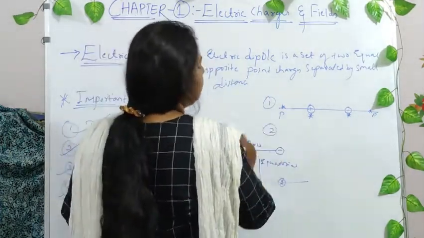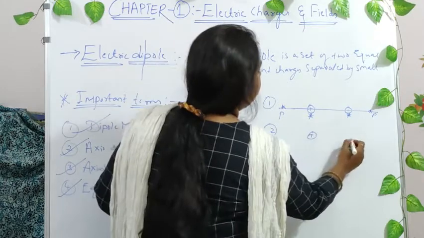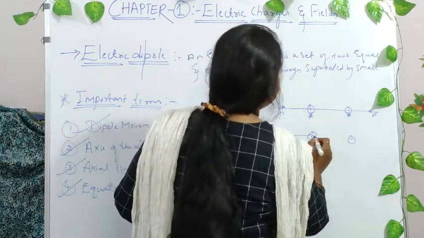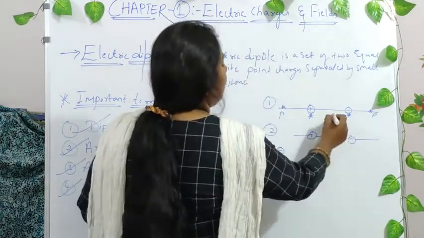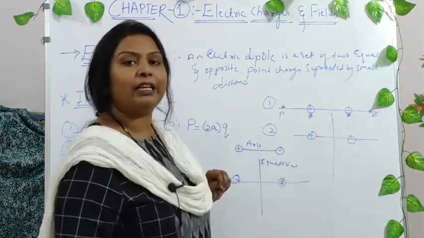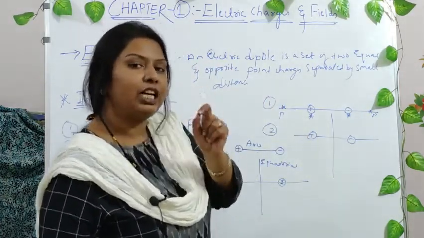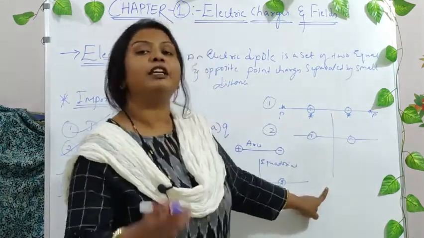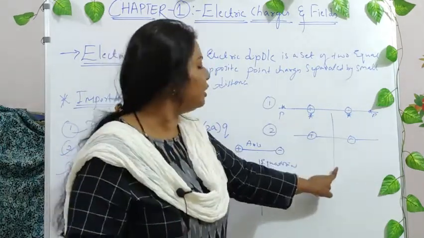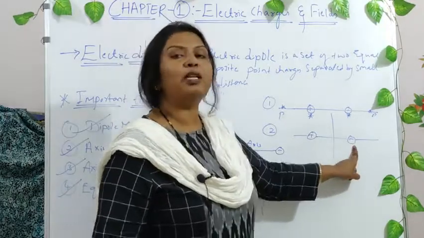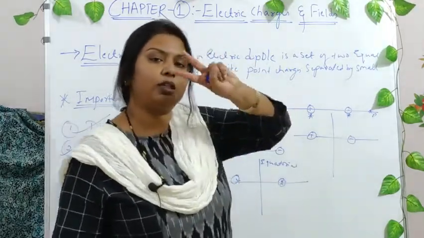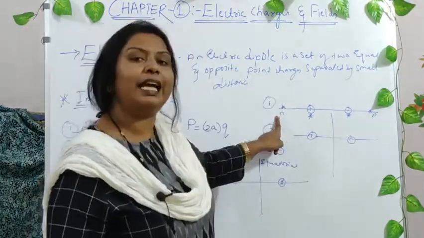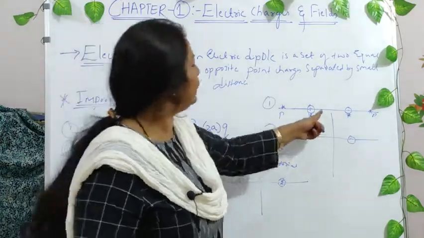The second condition: this is positive, this is negative, you have an axial line here, and you have another line called the equatorial line. If the point is present on this equatorial line, then the electric field at that particular point due to the dipole is calculated. There are two conditions: one, the point on the axial line, another, the point on the equatorial line.